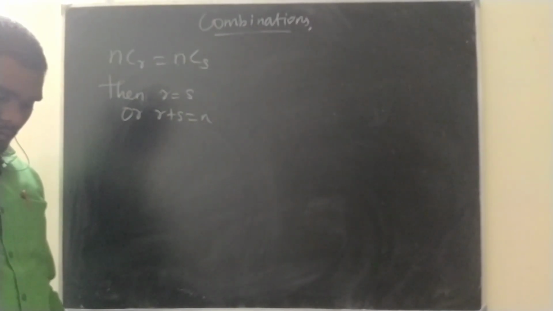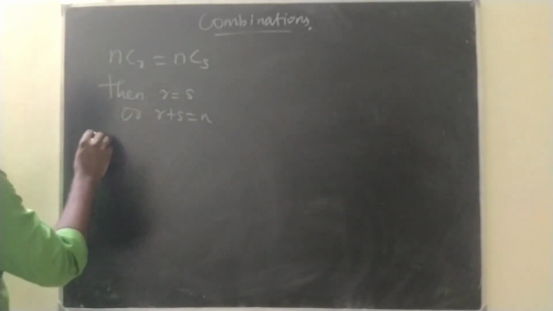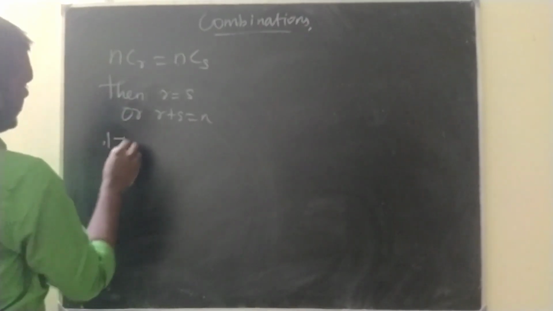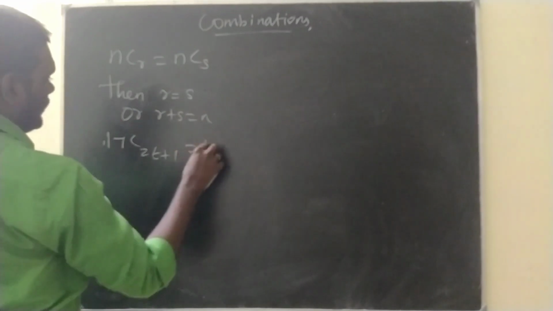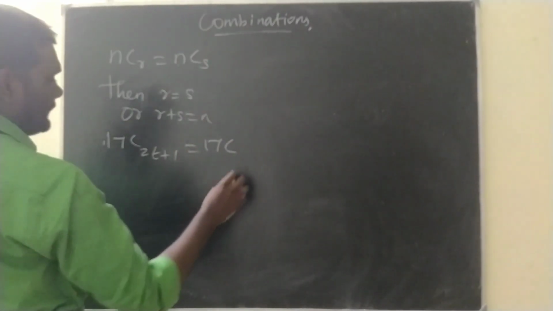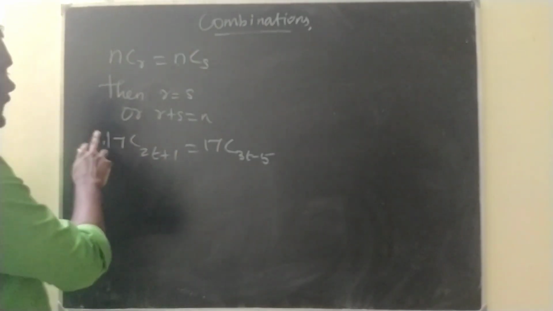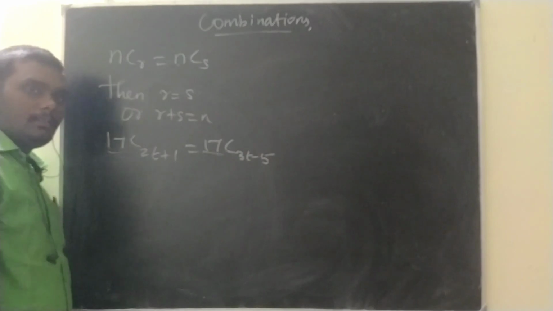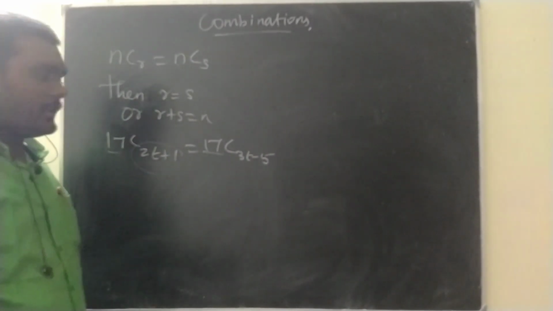In question number 1, if 17C(2t plus 1) equals 17C(3t minus 5). What is r? What is s here? Before that we should know, n is equal, only these things are different and there is nothing in multiplication.